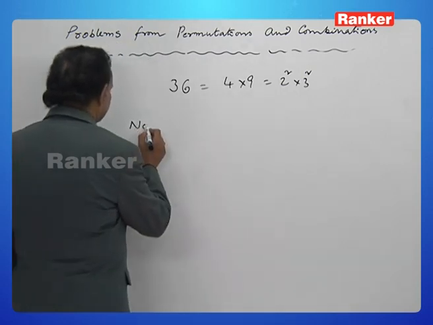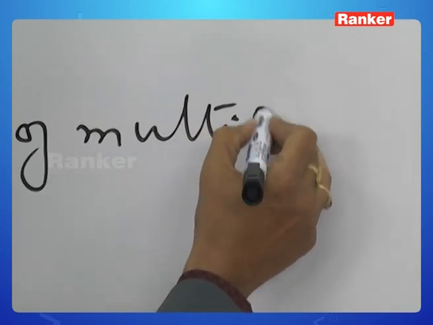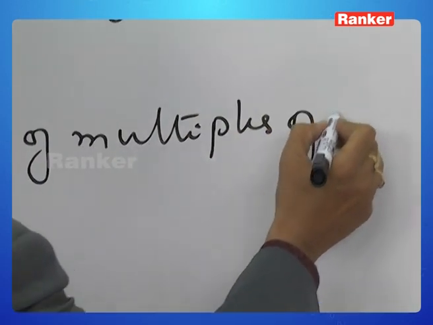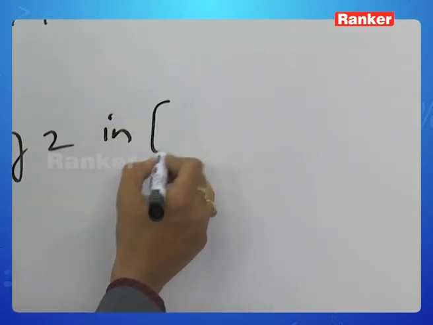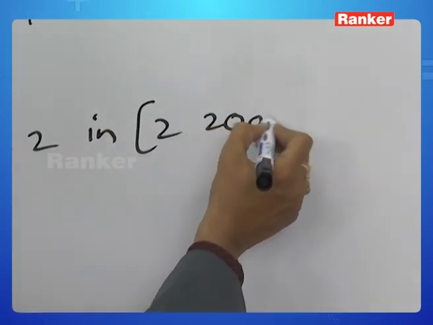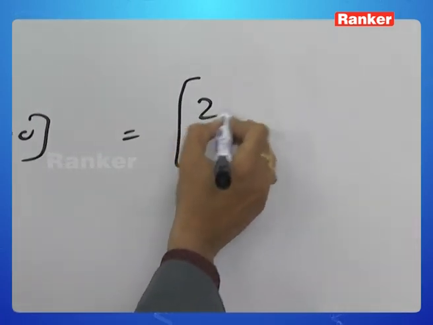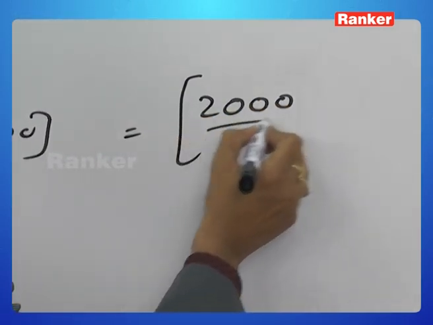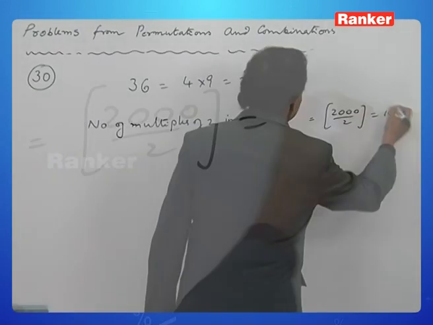Number of multiples of 2 in 2 to 2000 is the integral part of 2000 by 2, how much? 1000.